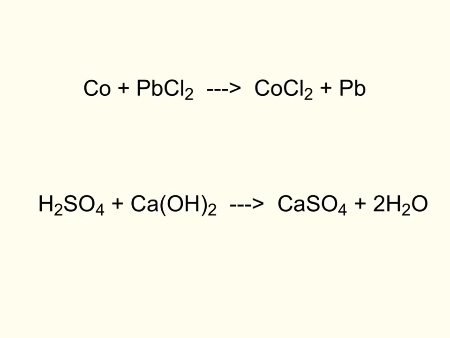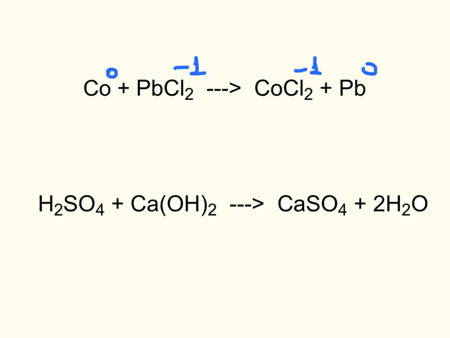Let's assign oxidation numbers to the elements within these two reactions. So we have cobalt and lead standing here all by themselves. They are uncombined elements, so their oxidation number is 0. And we have Cl ions, chlorine ions, and their charge is predictable. It's minus 1 and minus 1.